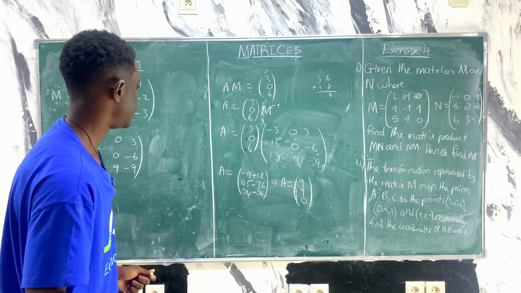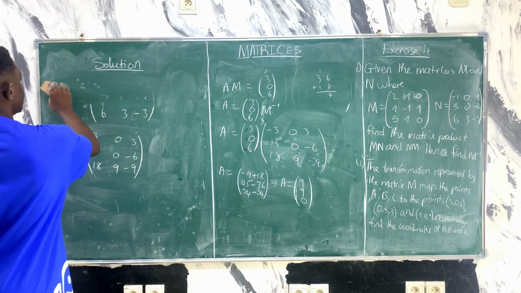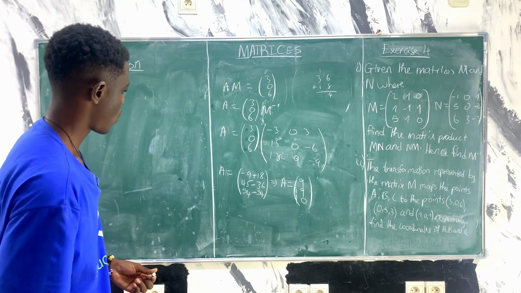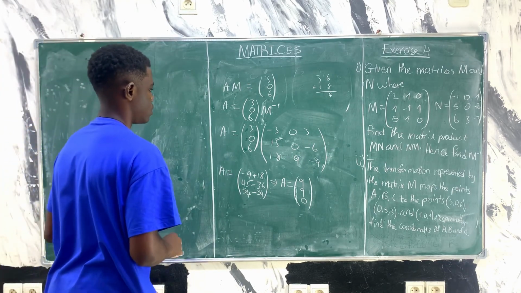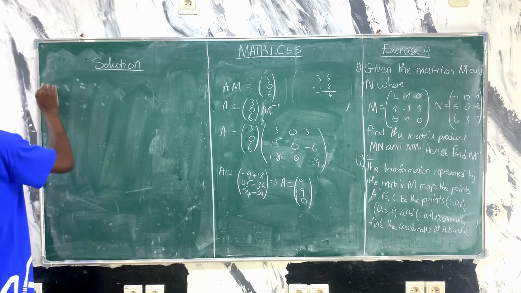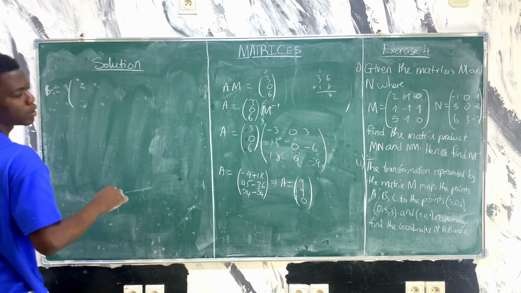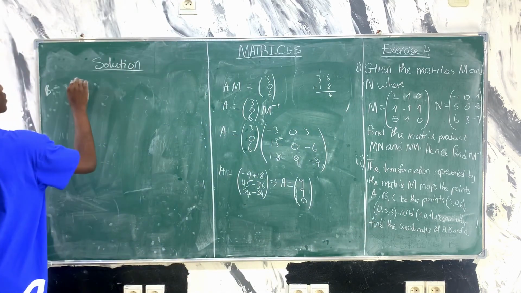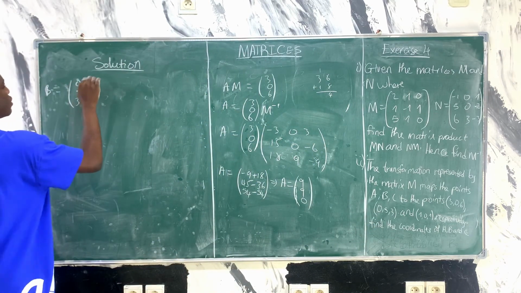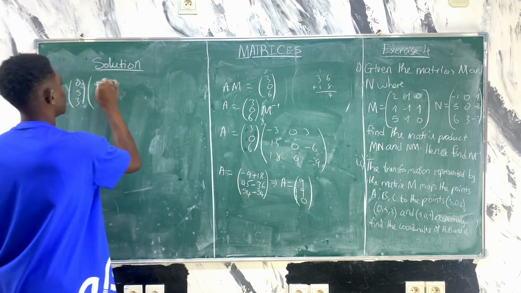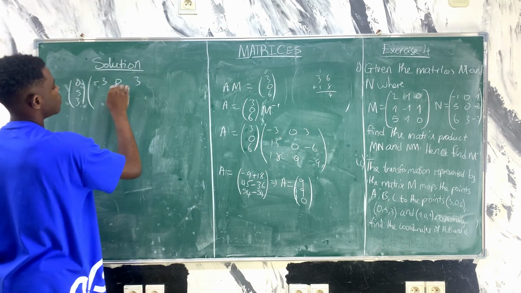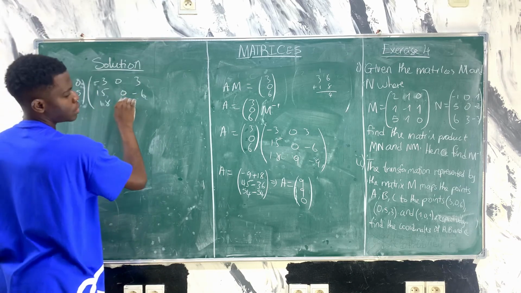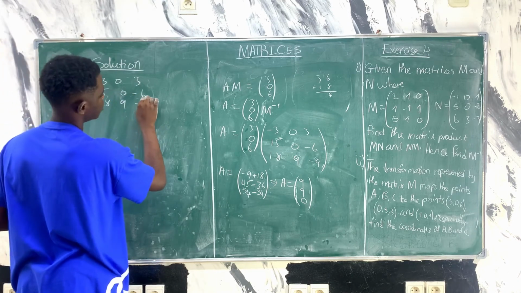We're going to do the same for B. So to find B, what am I going to do? This here is 0, 5, 3, times M inverse: minus 3, 0, 3, 15, 0, minus 6, 18, 9, minus 9.